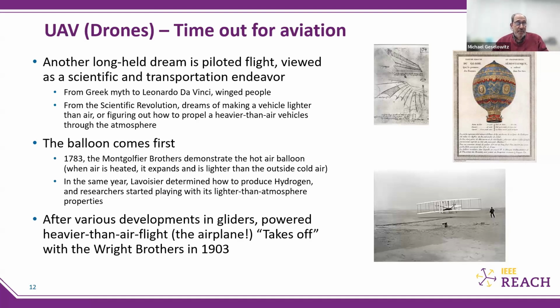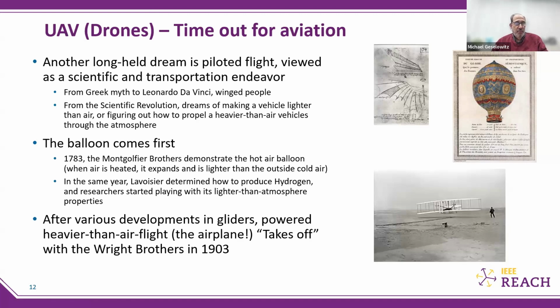Meanwhile, Lavoisier was able to produce hydrogen, and they started playing with the idea of other lighter than air gases. The disadvantage of heated air is that you have to keep it hot, and if you have a flame in the balloon, it can catch the balloon material on fire.